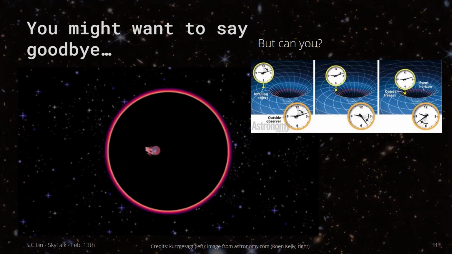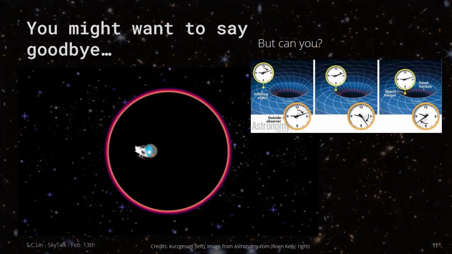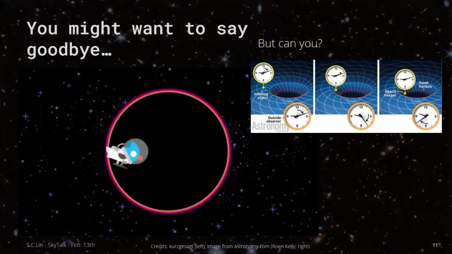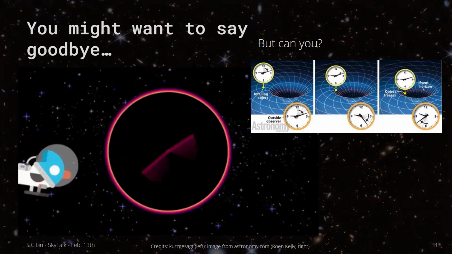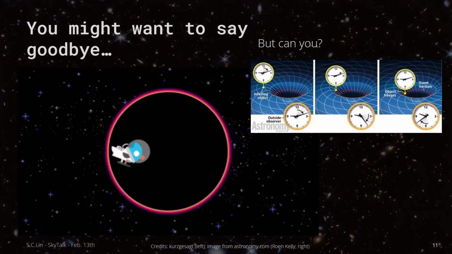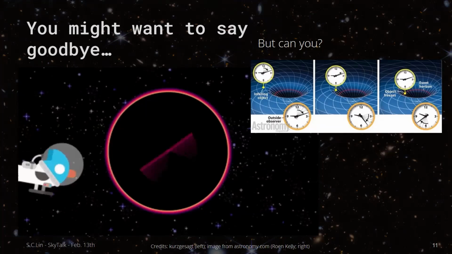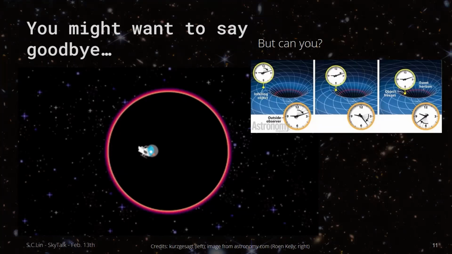But when you get too close to a black hole, time and space are twisted so hard that time flows really, really slowly. And at that point, when you're waving your hands to your friend on the other station or anywhere else, when you're saying goodbye, that goodbye will probably take infinite time to get to them.